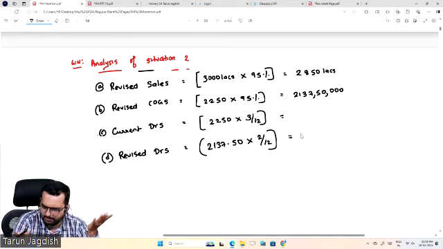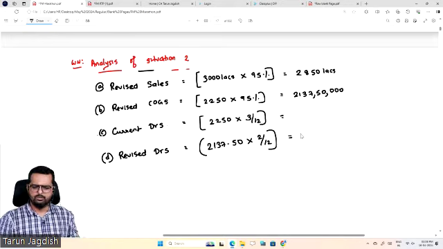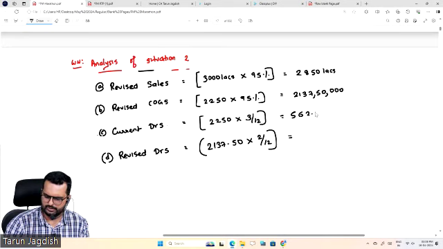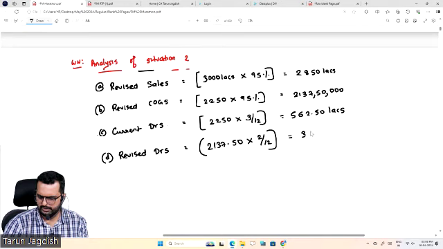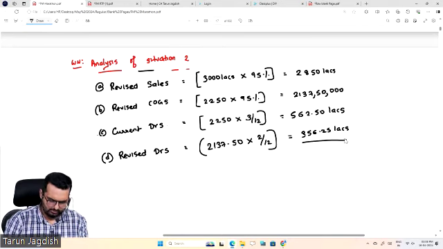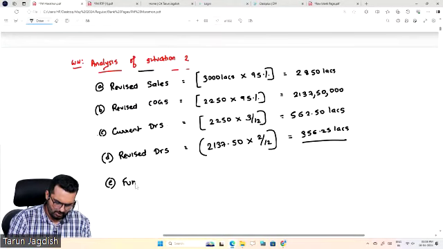And you will get some other opinion. It will be very difficult then. So earlier debtors was how much? 562.50 lakhs. And what about this one? 356.25 lakhs.